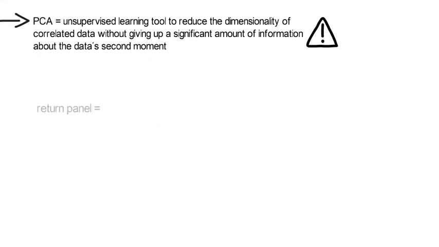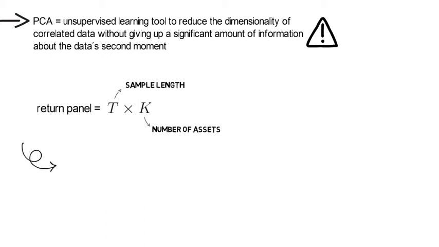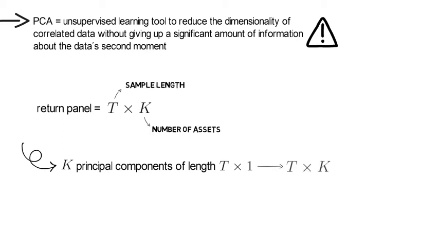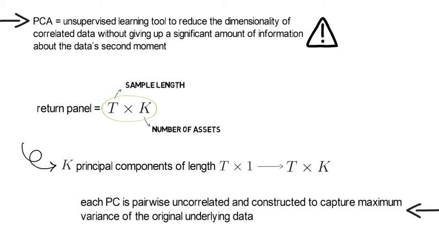So assume the return panel has dimension T times K, where T is the sample length and K is the number of assets. In total, K principal components of length T times 1 each perfectly represent the original T times K data. Each principal component is pairwise uncorrelated and constructed to capture maximum variance of the original underlying data.